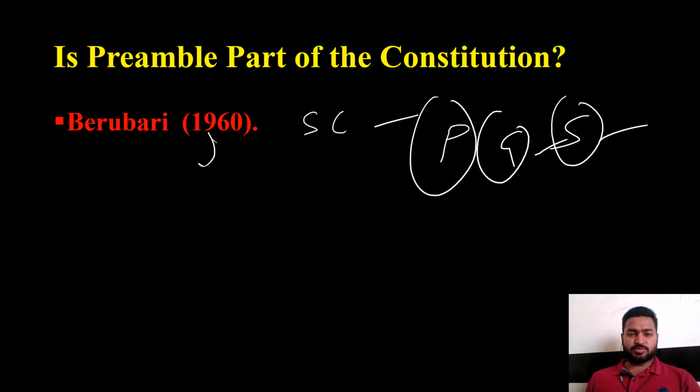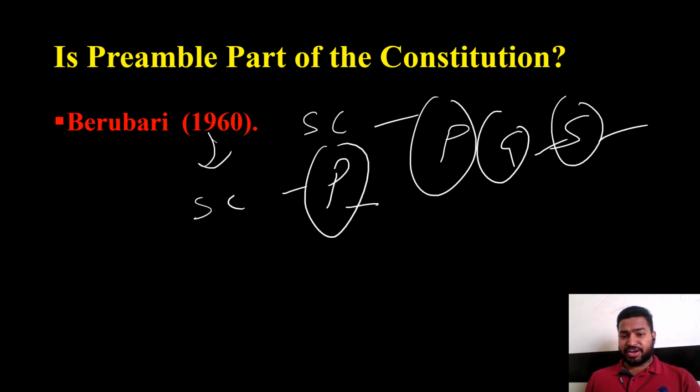While addressing this issue, the Supreme Court said preamble is very important. Whenever there is a lack of clarity regarding any provision of the constitution, the preamble would be used as a source. So whenever there is ambiguity with respect to laws, with the help of the preamble, that ambiguity could be cleared. But the Supreme Court said that preamble is not part of the constitution, despite being very important for the constitution.